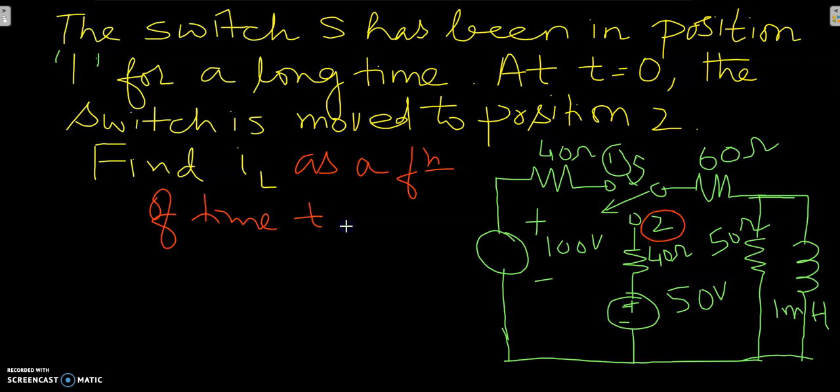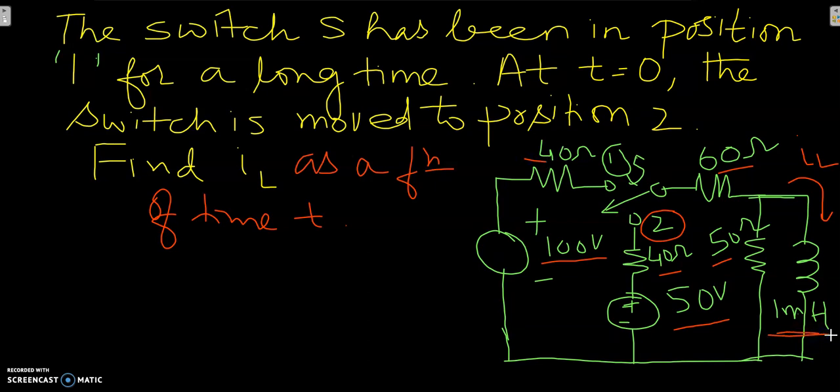So what is IL? IL is the current which is flowing through the inductor. We have one inductor in the circuit. There are two DC supplies, one of 100 volts, the other of 50 volts, and four resistors of different resistances, 60, 50, 40, and here 40, and this inductor is of 1 millihenry.